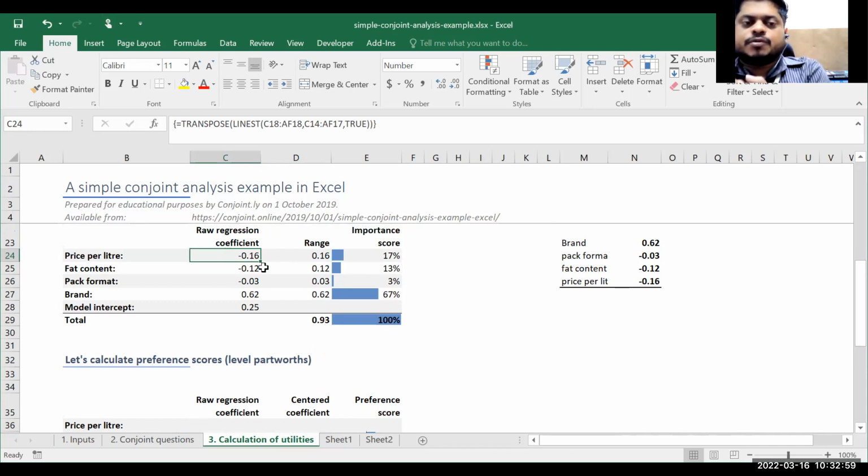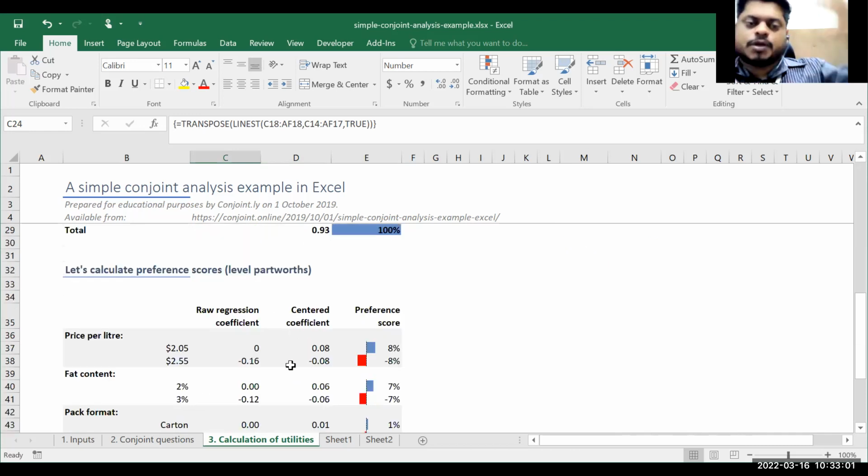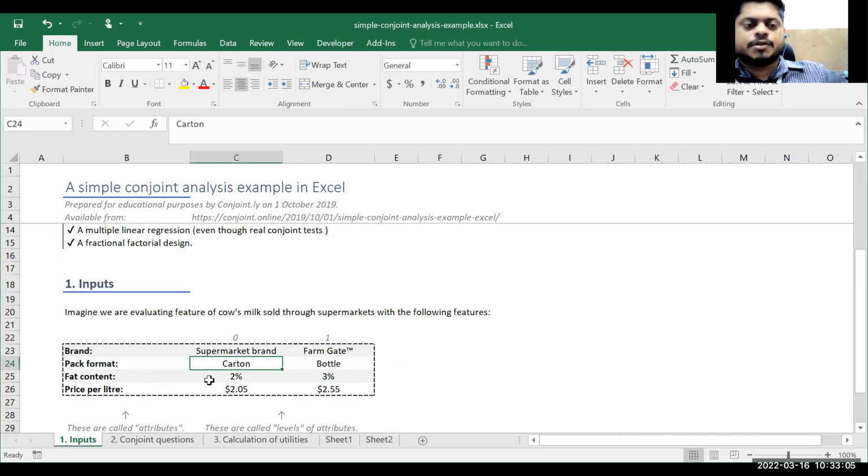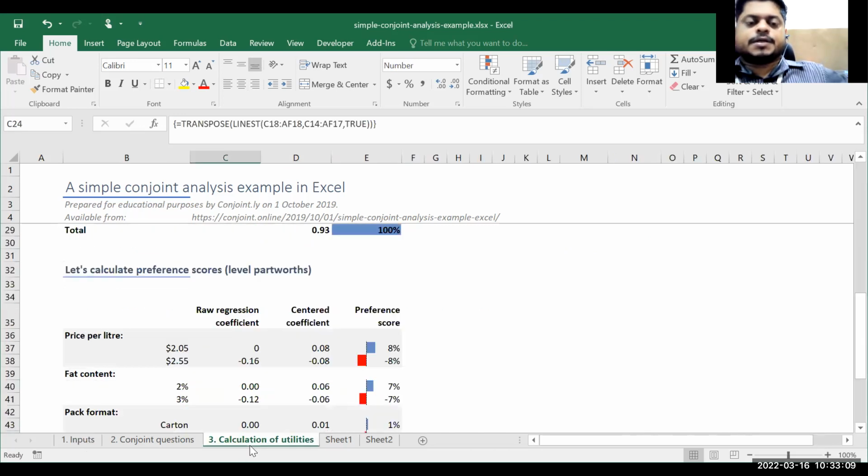So this minus 0.16 is for the label which was one. If I go back and see here, for the price per liter, $2.55 was one, right? So if I compare $2.55 with $2.05, the impact of $2.55 is reducing the choice by 0.16, right?